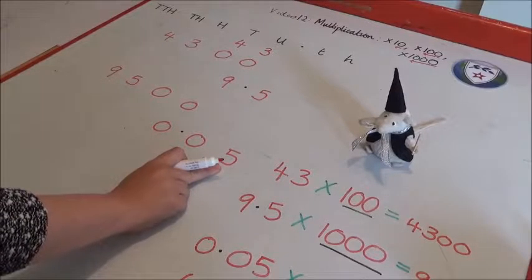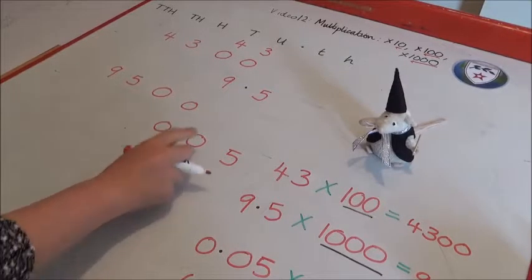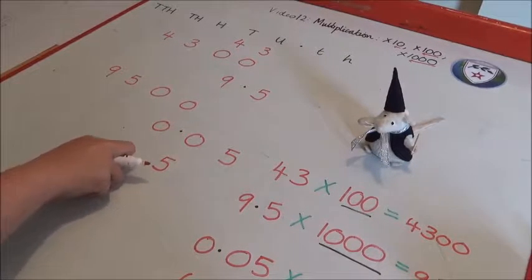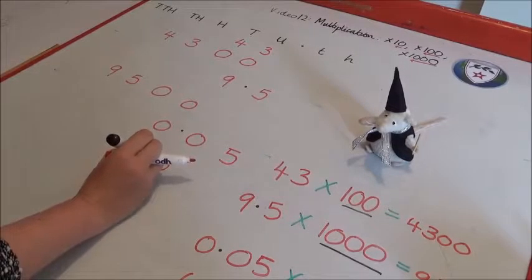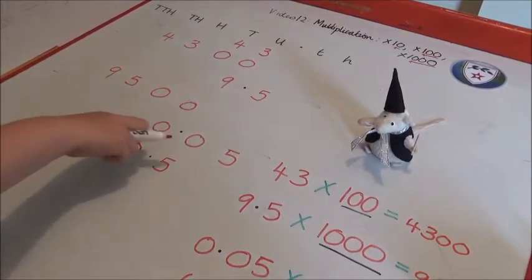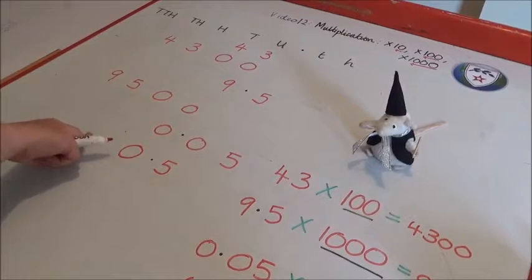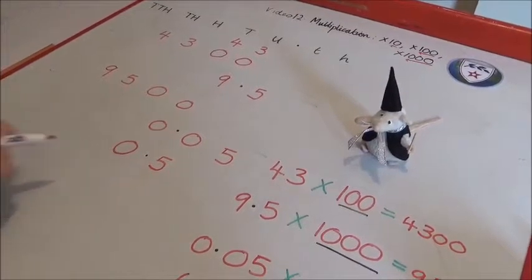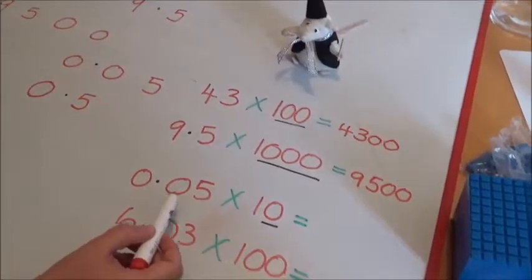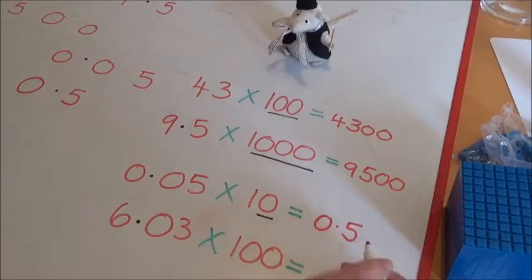So my 5 hundredths is going into my tenths. My no tenths is going up into my units. I'm going to put my decimal point in the right place. I could put my no units into my tens, but that's like saying I've got no thousands either. So I'm just going to leave that there. 0.05 times by 10 is the same as 0.5.